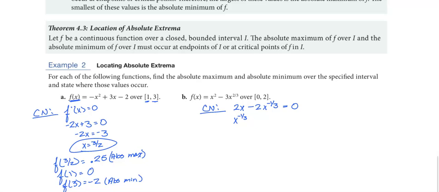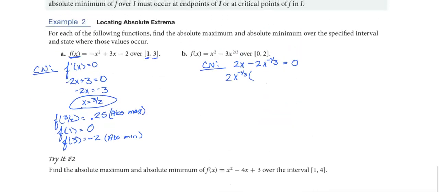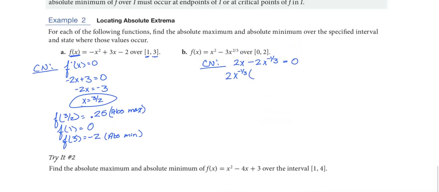X to the negative 1/3. Let's pull out a 2 also. So we can always pull out that smallest exponent they have in common. And that's going to leave us here with a 4/3. Why?